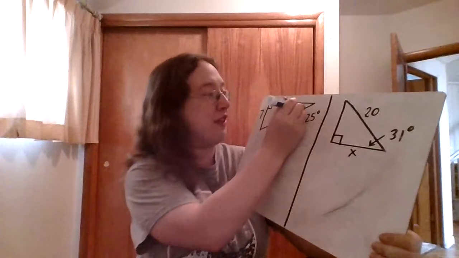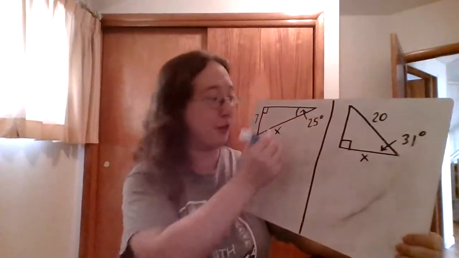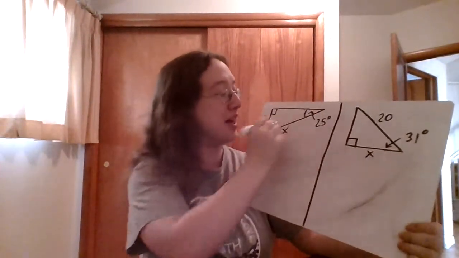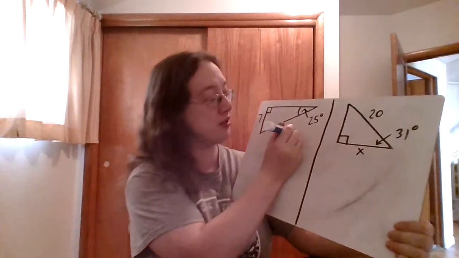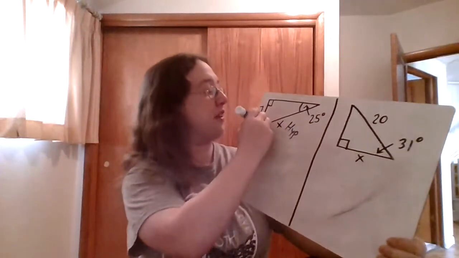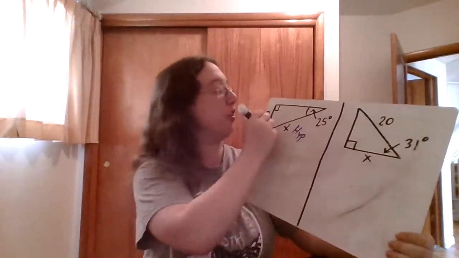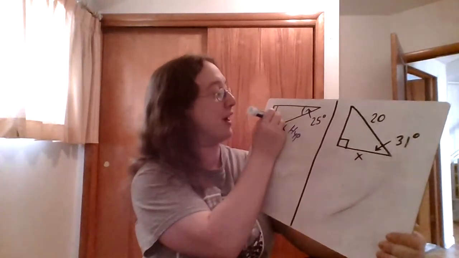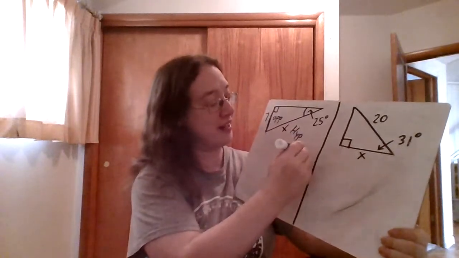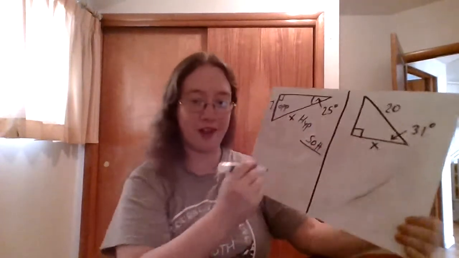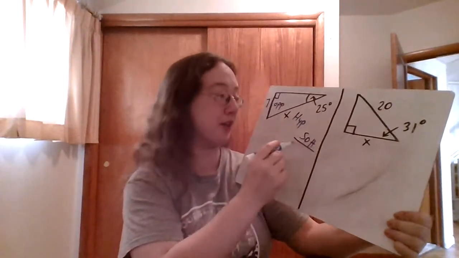So if I'm looking at this angle, I'm going to figure out which sides I have first, and the one across from your right angle is always your hypotenuse. And then this side isn't touching our 25-degree angle, so that's going to be our opposite side. So this one is sine again, because SOHCAHTOA, your sine is your opposite over your hypotenuse.